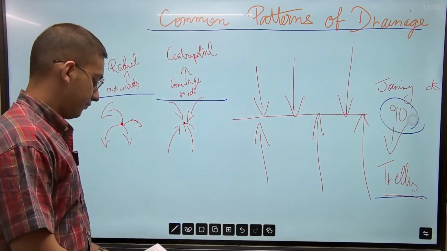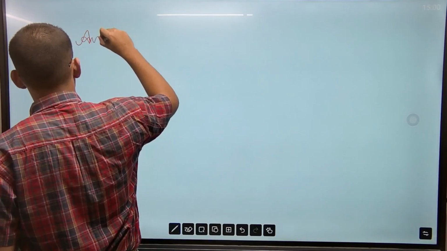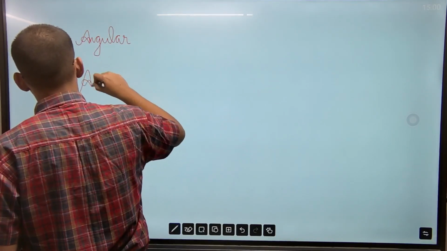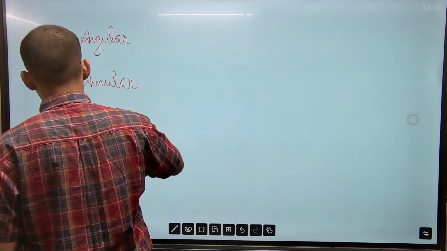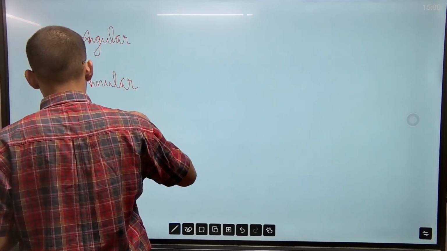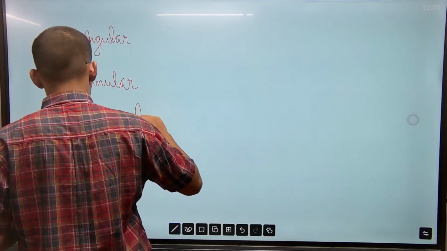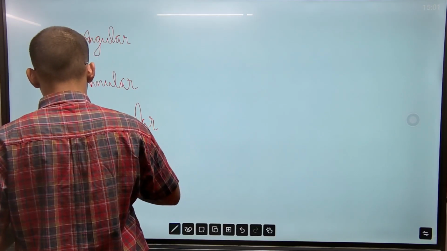We also have angular, annular, rectangular, or deranged.